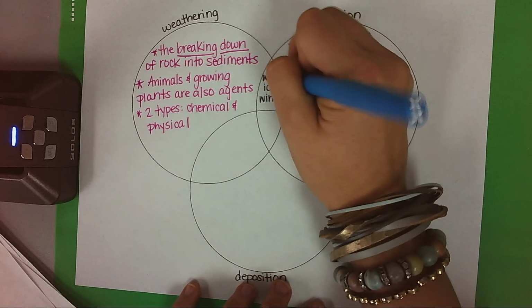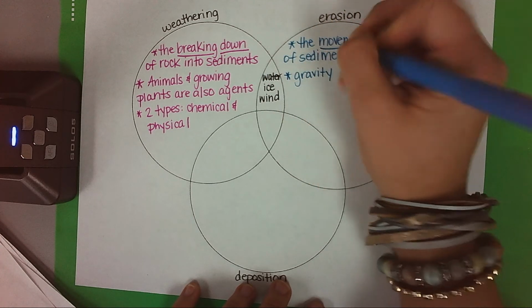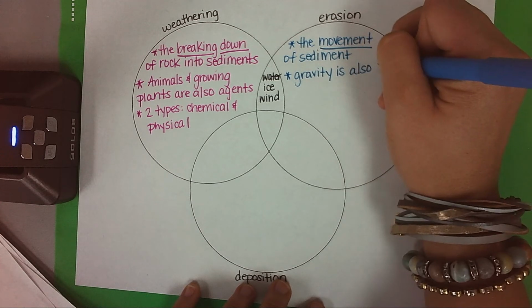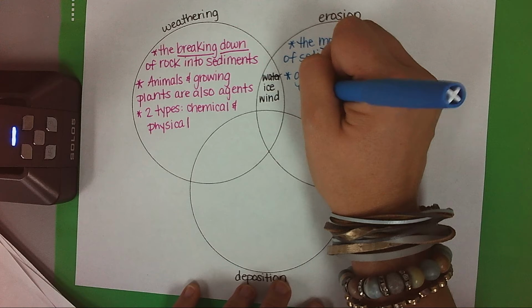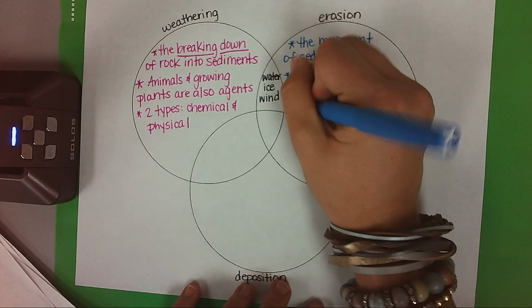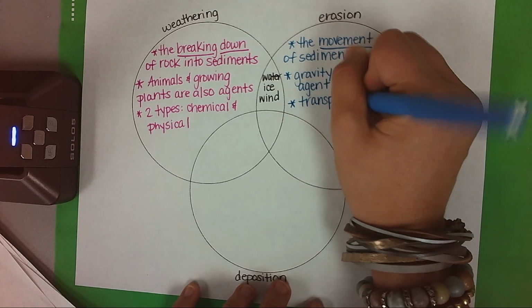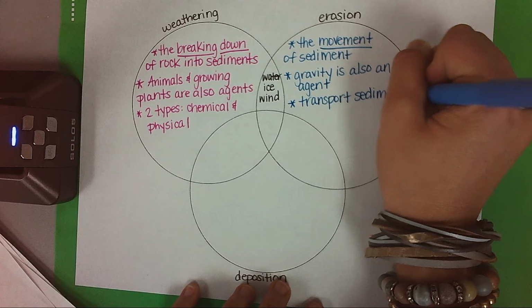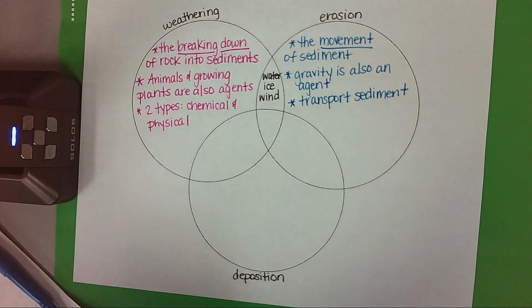Gravity is an agent of erosion. And so erosion is going to transport sediment.